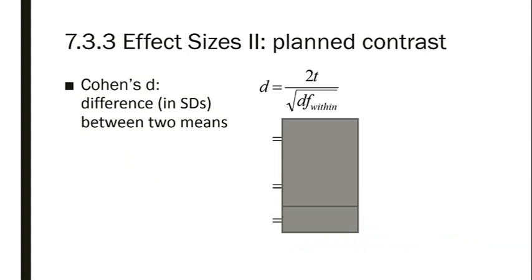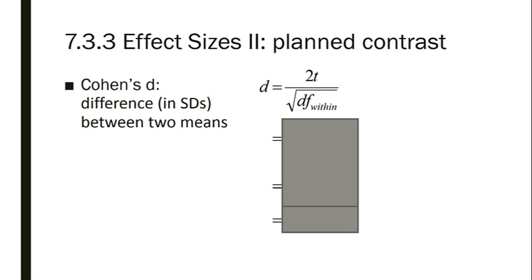Right, we probably also want to report effect sizes on the planned contrast because we had a statistically significant result. Remember, with the planned contrast, we've effectively divided our 3 groups into 2 groups by combining group 2 and group 3, the teacher aide and the peer support groups. And we can report the same type of effect size that we have before, right?